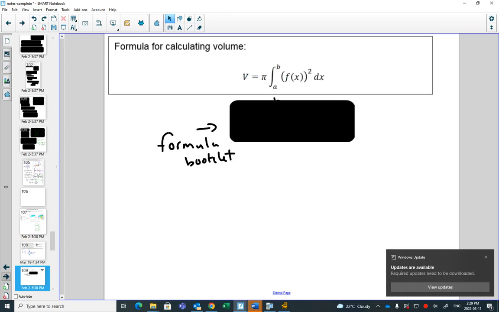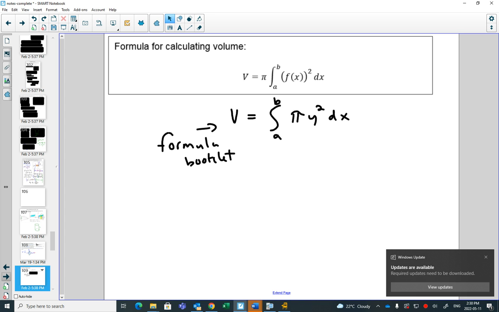So your formula is just the integral from a to b. Your function gets squared because you think of pi r squared, and your function is your radius. And you can pull the pi out in front. Yeah, f of x squared minus g of x squared.